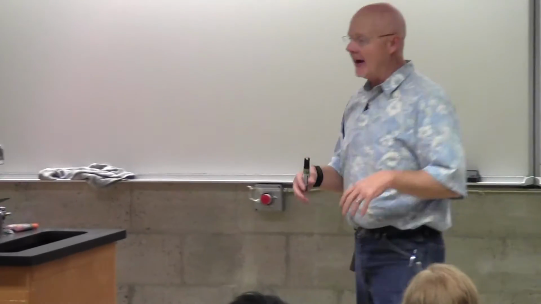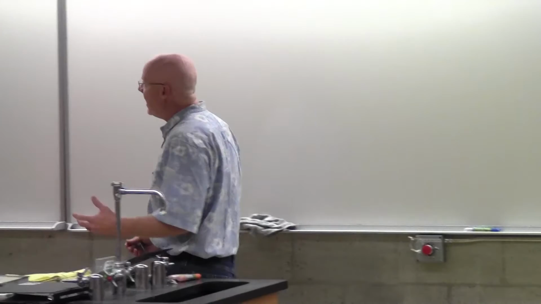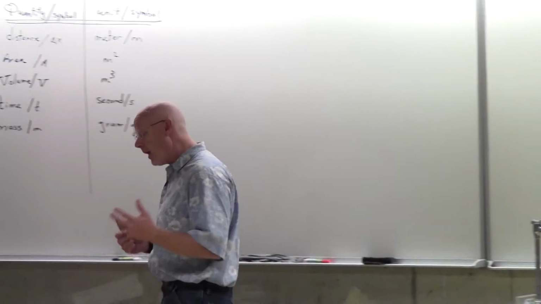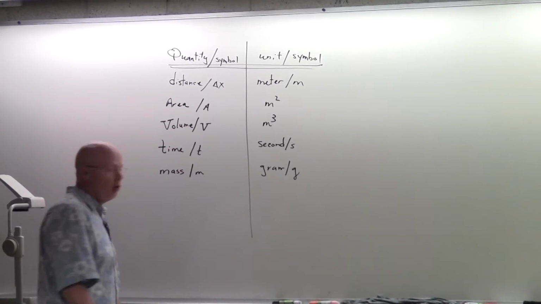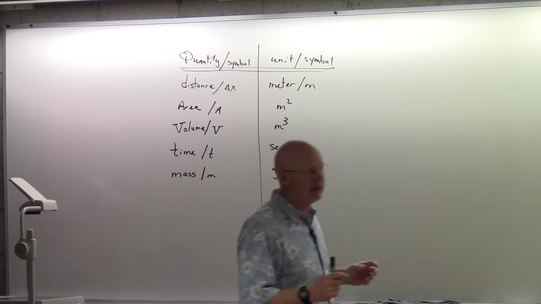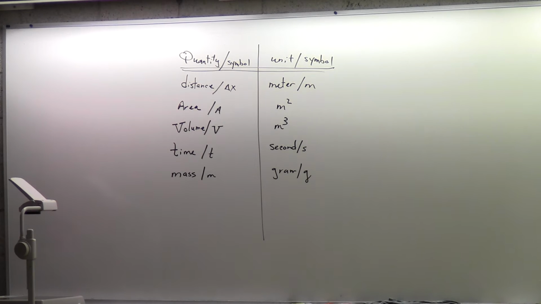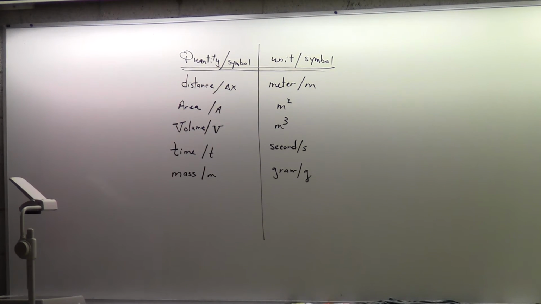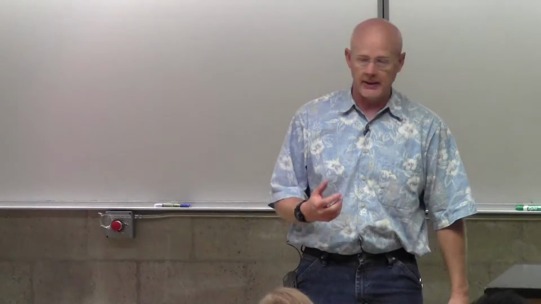What I mean by all that is, on Wednesday we went through this chart, and probably everything we did you had seen at one time or another. I kept saying, remember what you did in kindergarten, remember what you did in third grade, remember what you did in middle school. And so we put them together. It was probably a different approach than what you saw in middle school and high school.